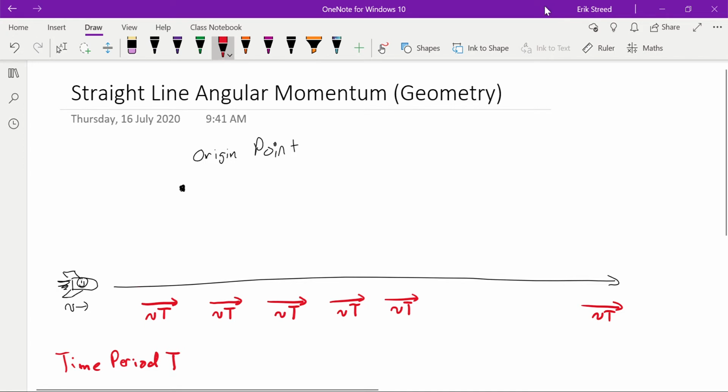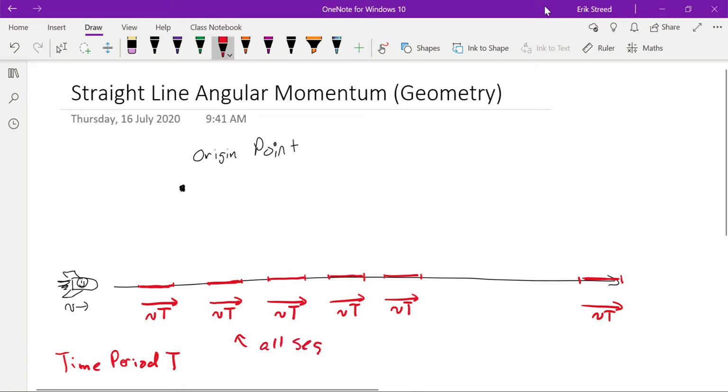So we're going to make some little dash marks here, dash marks here, and way out here some little dash marks. All these should be the same length.